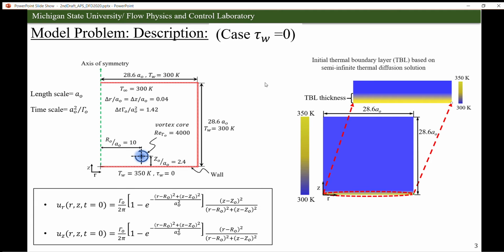So the case I described we call case one.